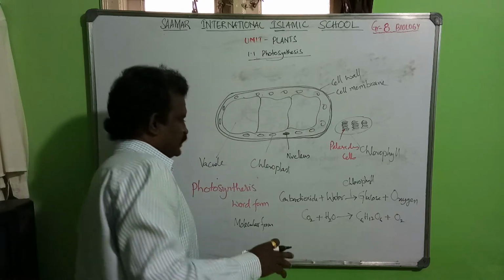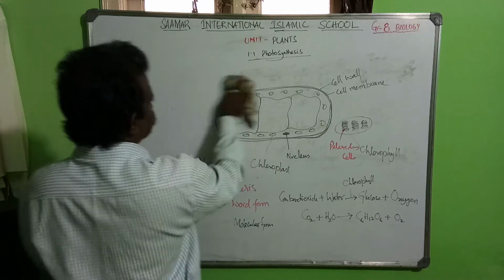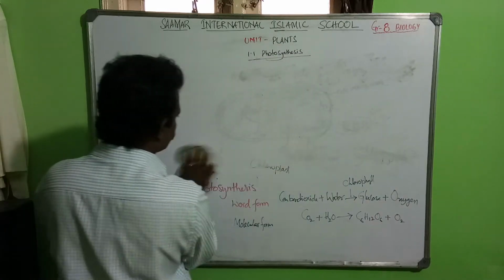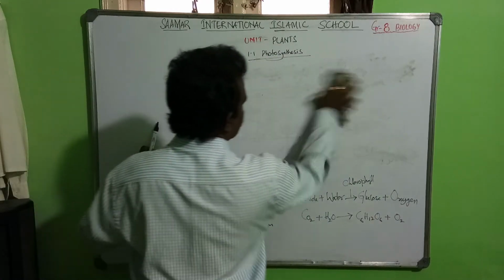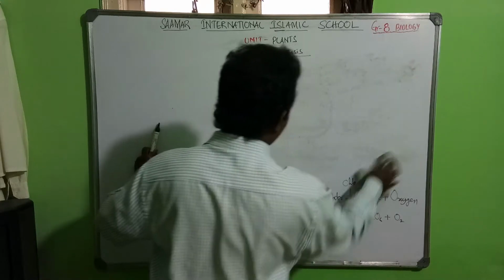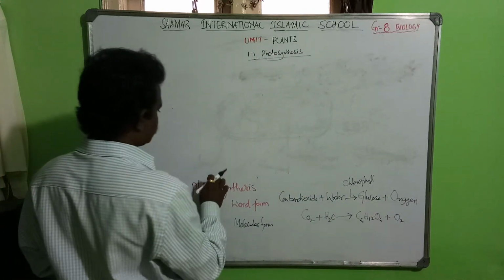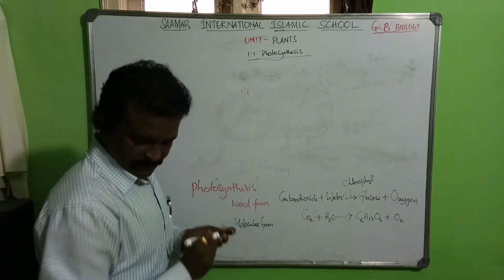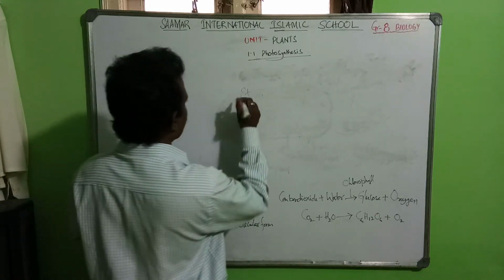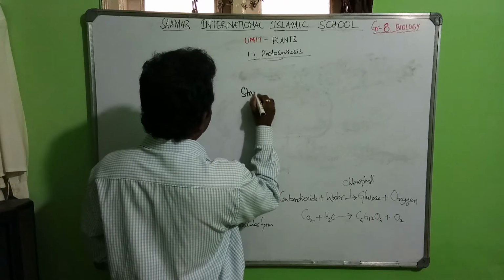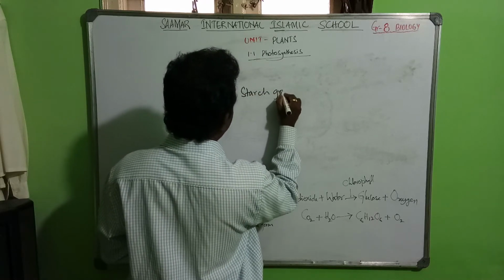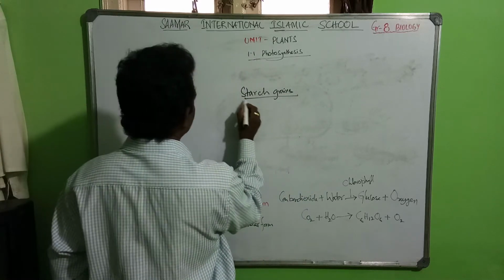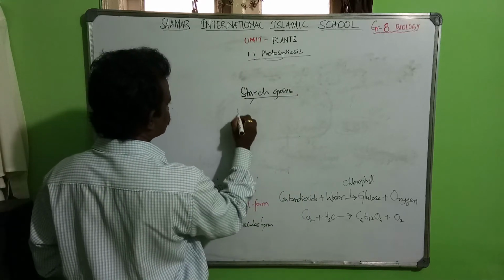So the glucose is converted to starch and stored in the form of starch grains. Now it will be stored. This starch is a polysaccharide.